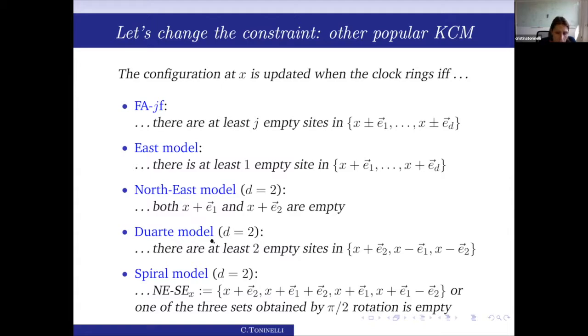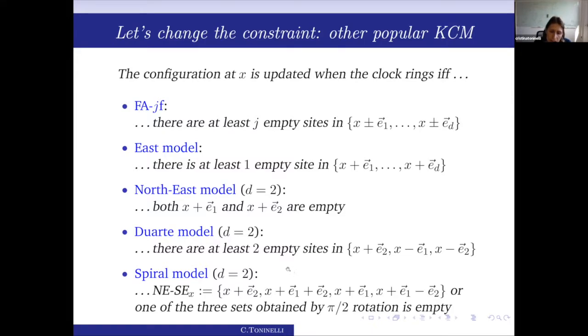Then there is the Duarte model. The Duarte model, again in 2 dimensions, is a model in which we require at least 2 empty neighbors in the neighborhood, which is formed by the neighbor to the north, to the south, and to the west. So above me, below me, and to my left. And finally, there is the spiral model, which is a model in which, in order to update, I go and look at 4 types of neighborhood.